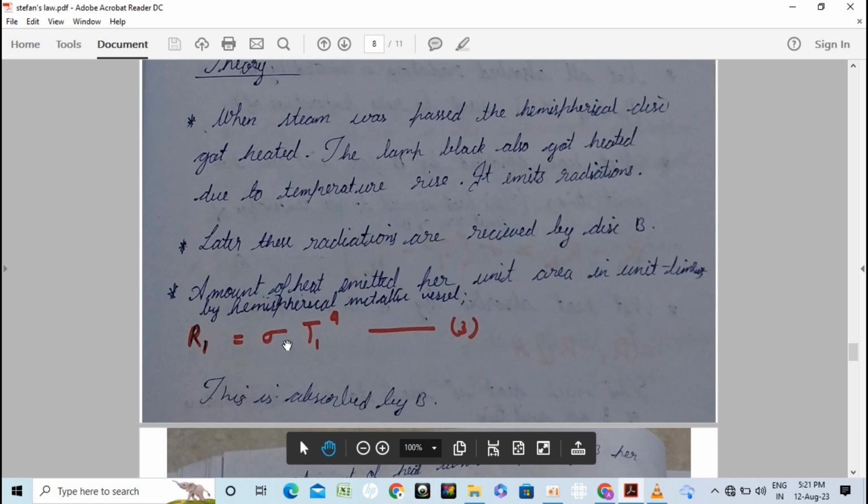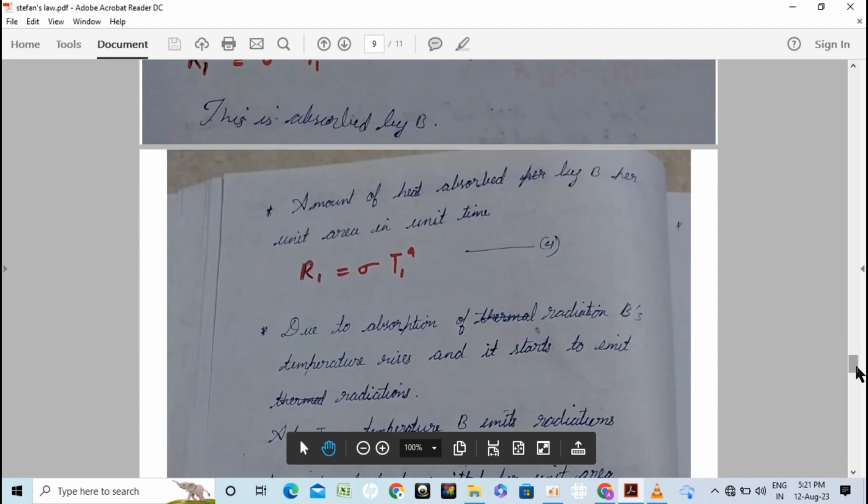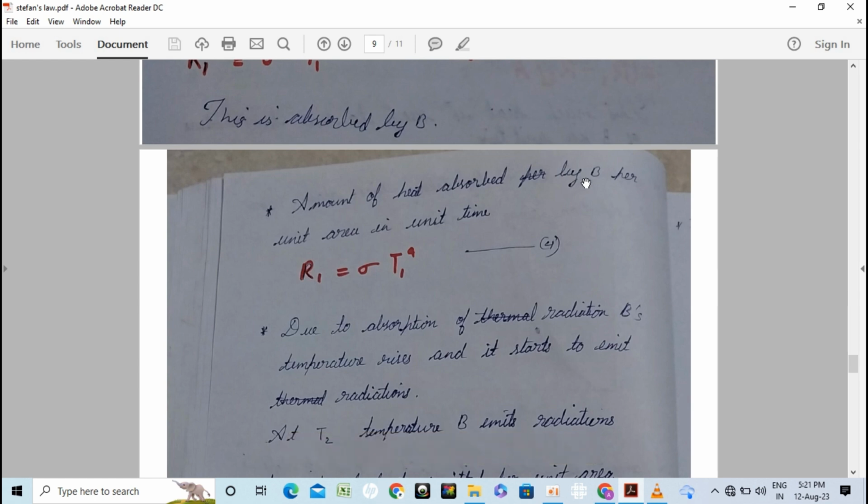R1 is equal to sigma into T1 raised to 4. So R1 is the emissive power of the hemispherical metallic disc. Now this heat is actually absorbed by B. So the amount of heat absorbed by B per unit area and unit time is also R1, equal to sigma into T1 raised to 4.